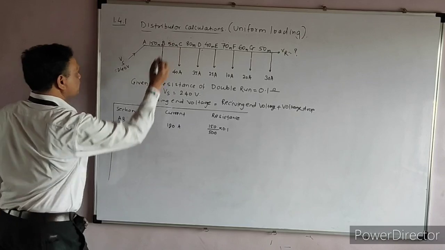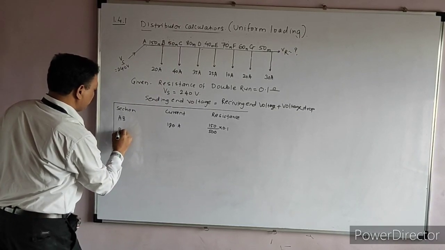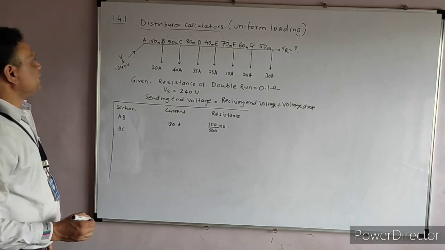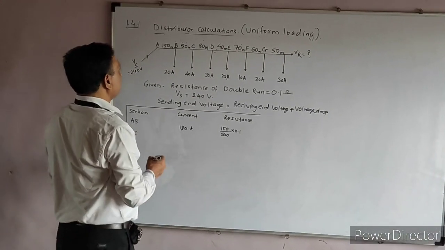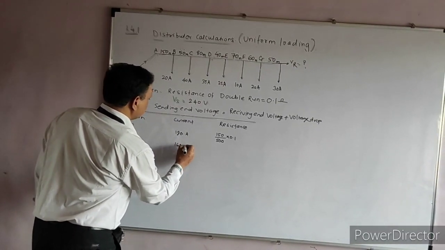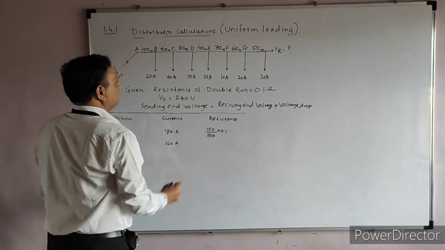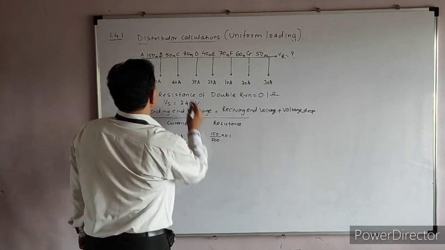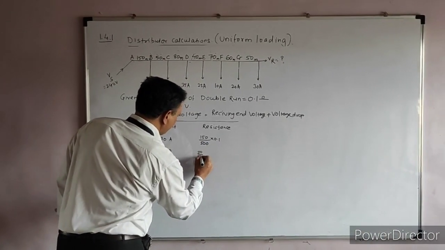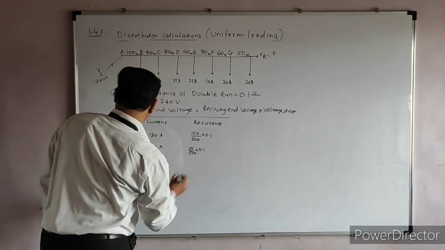Now on the same basis, if you calculate the value of current for the section BC, it will be 160 amperes, and the resistance of the section, so it is 50 meters, so 50 upon 500 into 0.1.